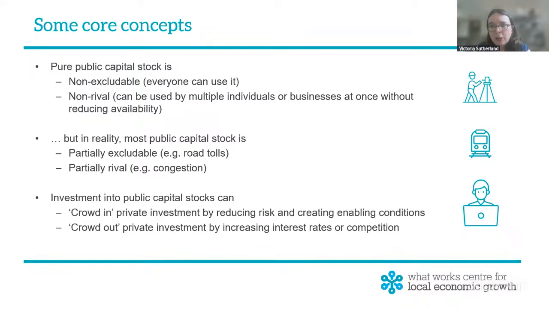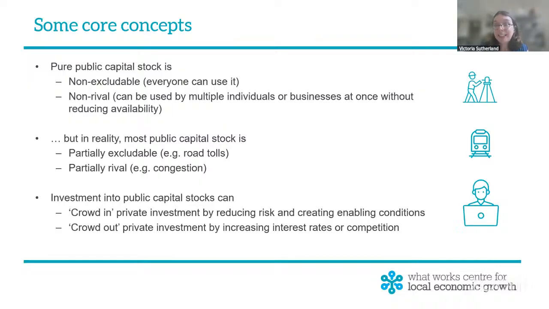There are a couple of things that are kind of unique to thinking about public investment that I think are useful for us to talk through. A term that some of you will be familiar with is a public good. When something is a pure public good, and capital stocks are one of those, so a pure public capital stock, it has two important characteristics.